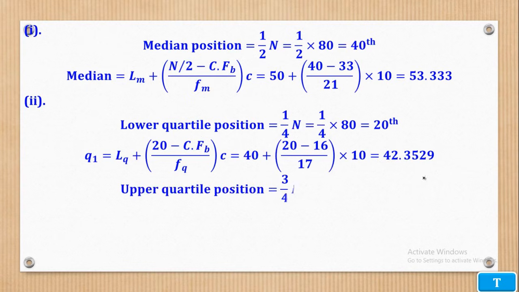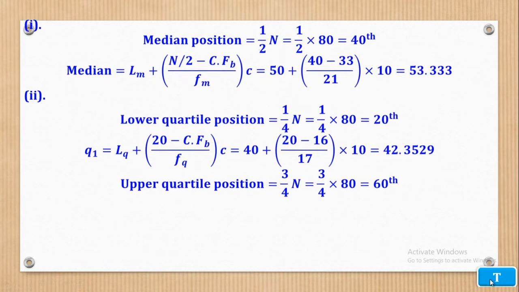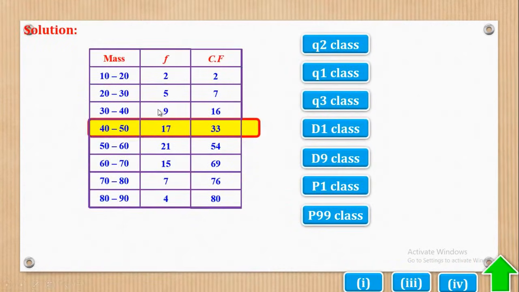What about the upper quartile? The position is 60. Therefore, I locate my 60. Okay, so this is the lower class boundary, frequency of that class, cumulative frequency before, and class width is 10.